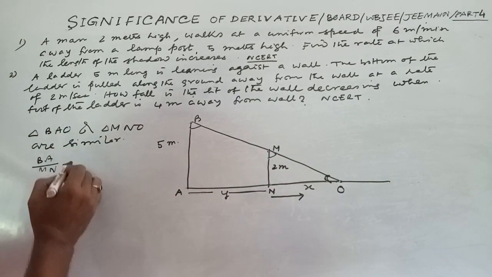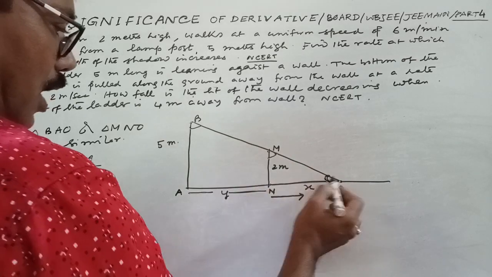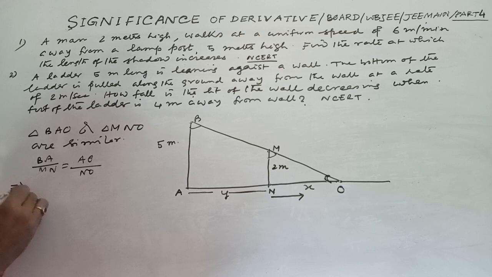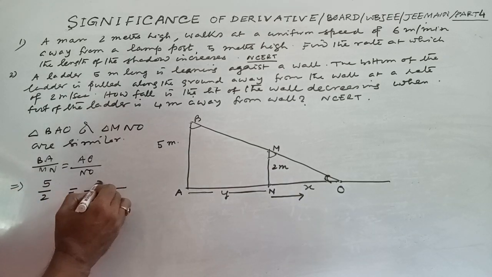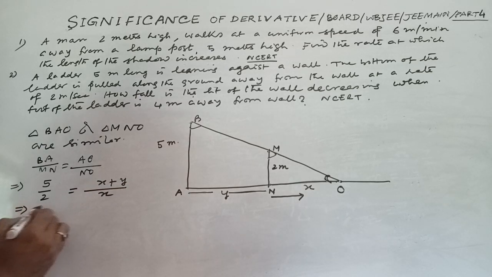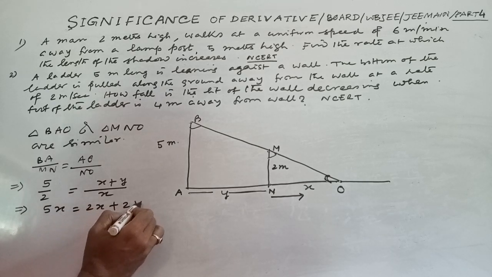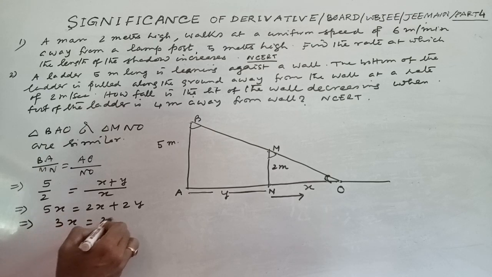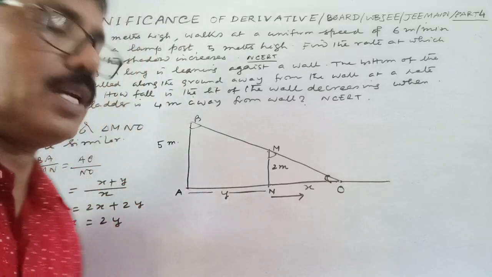So opposite to B, that is AO, and for this triangle, this is NO. Now 5 by 2 equals AO, which is x plus y, over x. So 5x equals 2x plus 2y. So we get 3x equals 2y. So this is a relation between x and y.